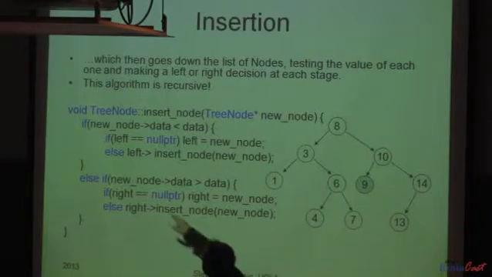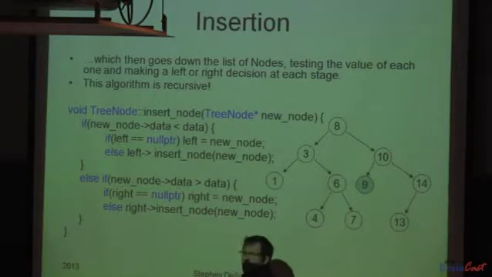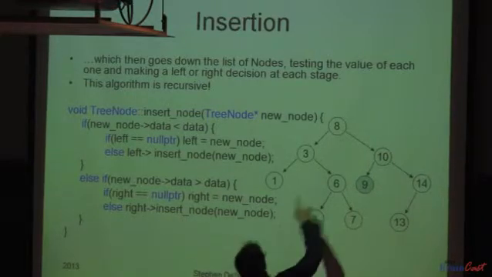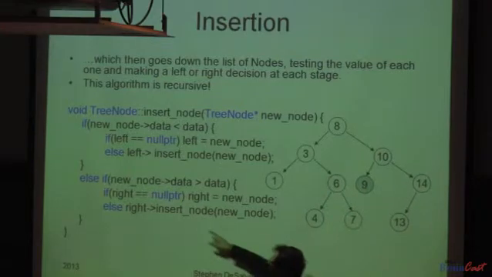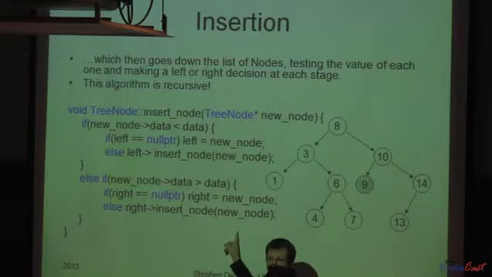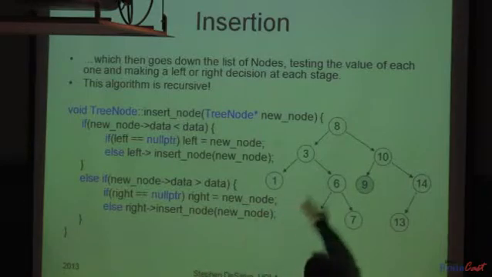If new node data is greater than data, that's true, the 9 is greater than the 8. Then we check: if 8's right child is null, we become the right child. If the right child is not null, then we do the exact same thing, just now using the 10.